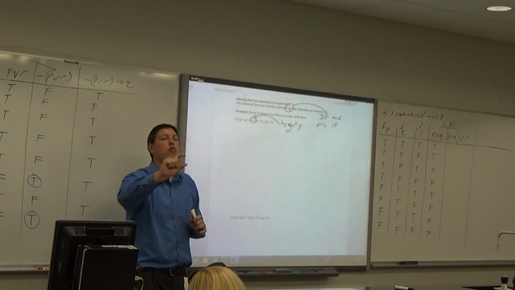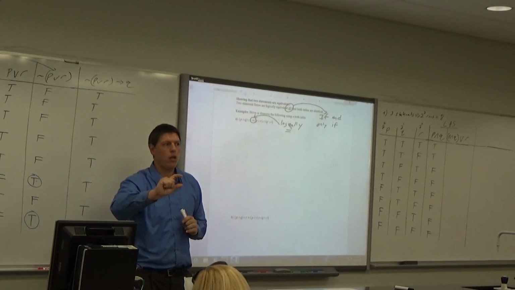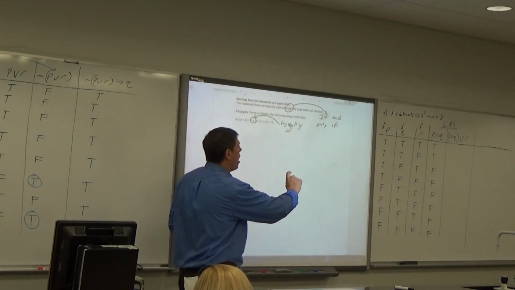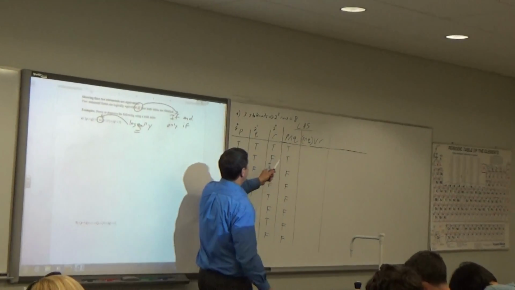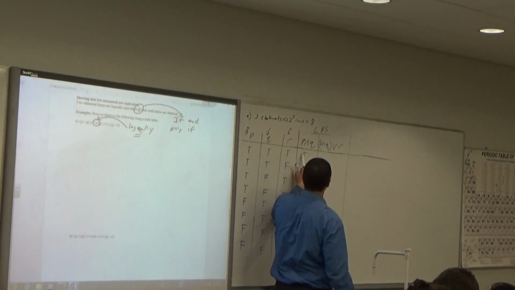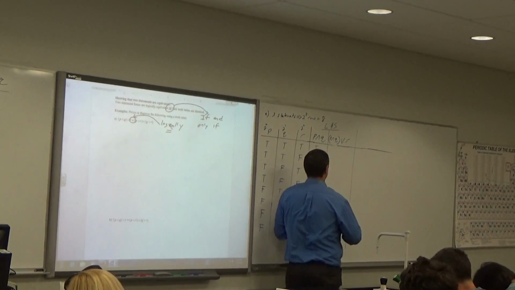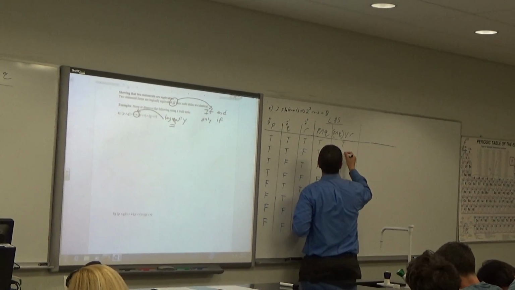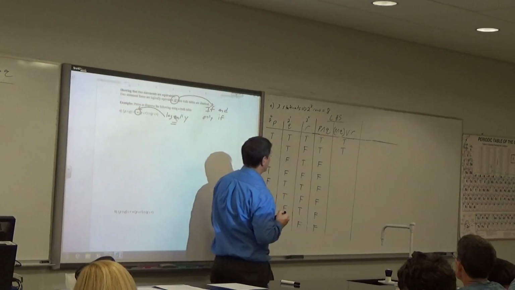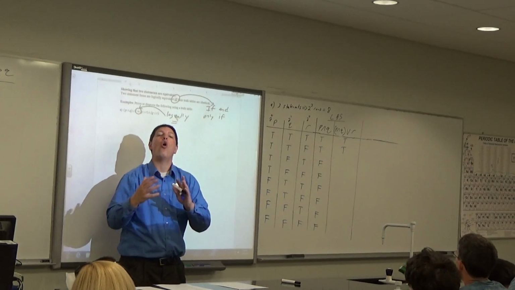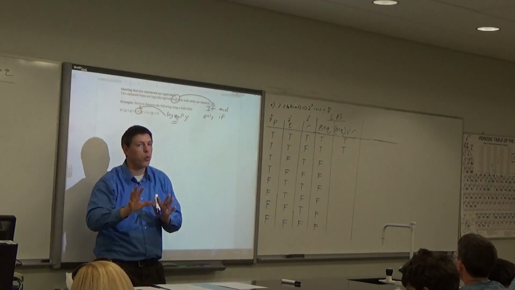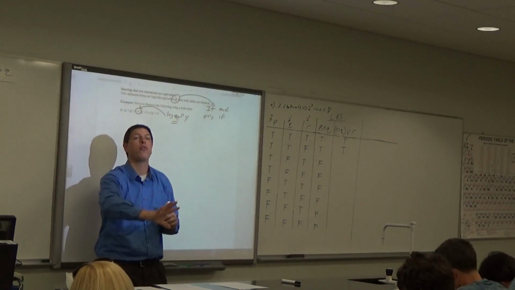The first 2 rows have to be true, okay? Because we already know that P and Q is true in that first row, and it's P and Q, which is true, or something else. Okay? So we already know that these 2 are true. And then for the rest of them, that's when we look at R. We don't care what P and Q is anymore, because we know that the rest of them are false.